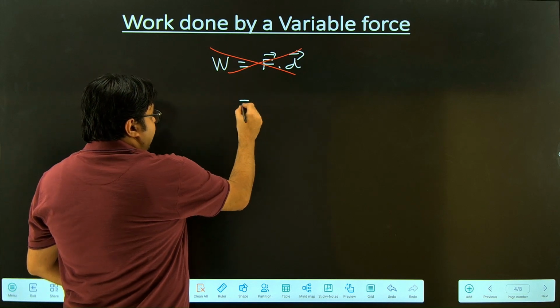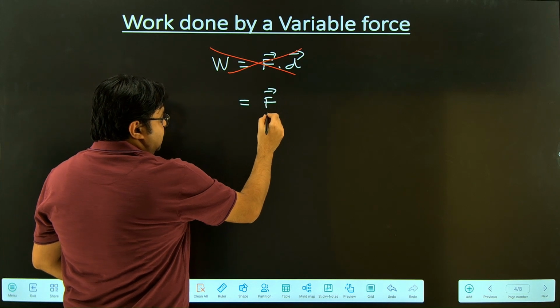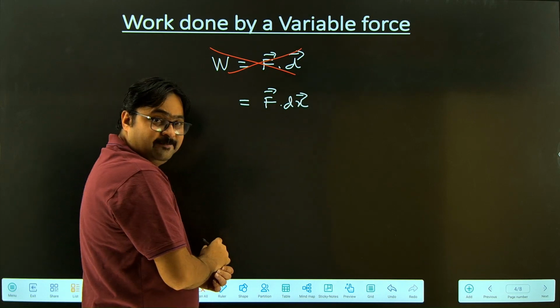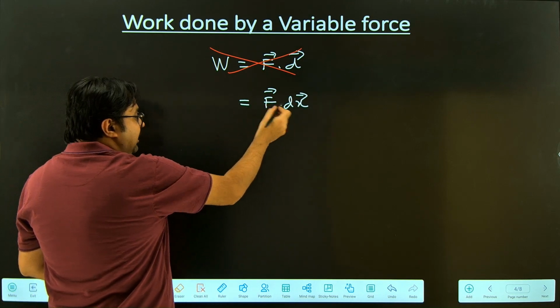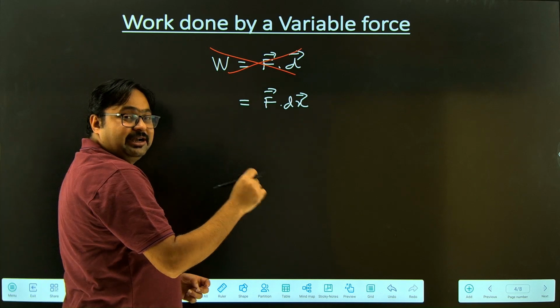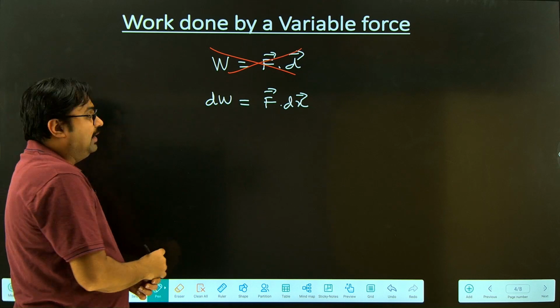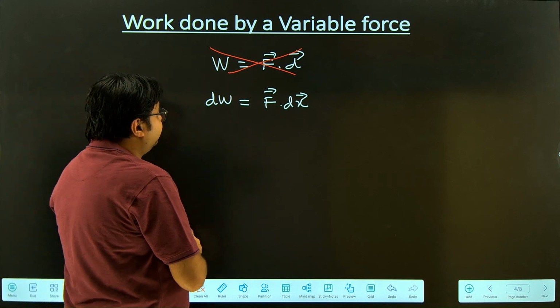You can say that there is a force that causes an infinitesimal displacement in the body, and this tiny displacement that the force is causing does an infinitesimal work on it, and dW becomes equal to F dot dx.